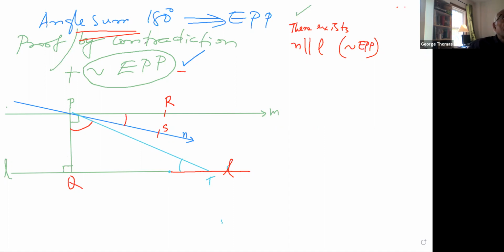So let's see now. Our plan is this. We want to prove this by contradiction. So we assume the opposite of this, which is this, right?